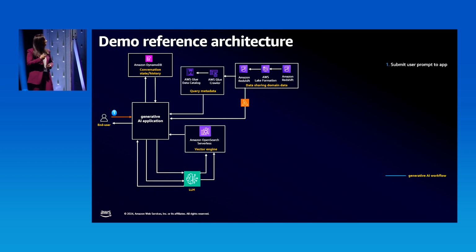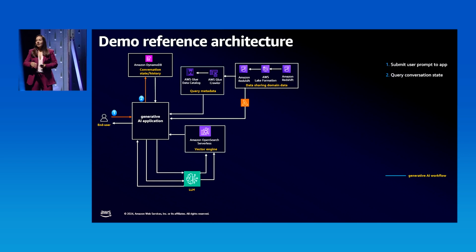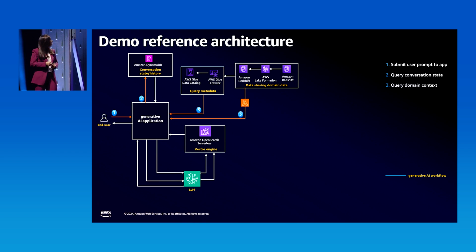So first, the user submits the query to the generative AI application. Then we are retrieving relevant conversational context from DynamoDB. And with this context, we are building queries to the company data warehouses.